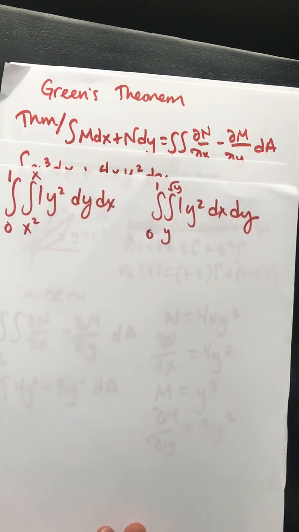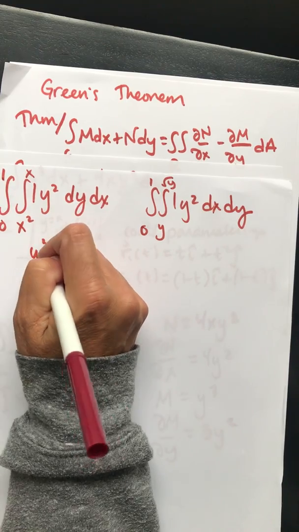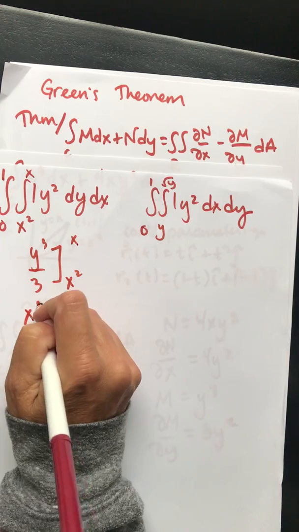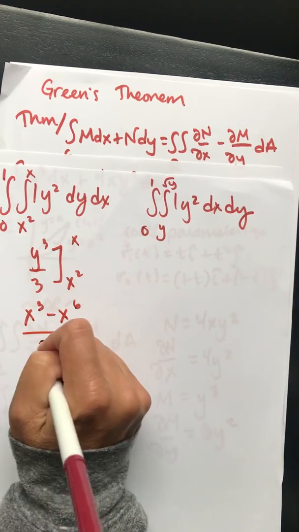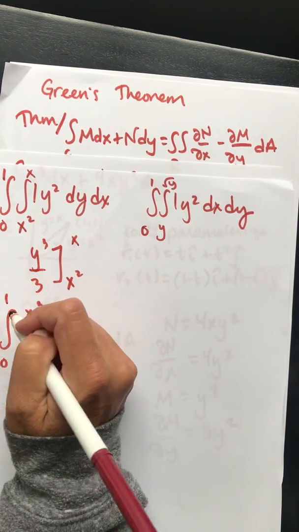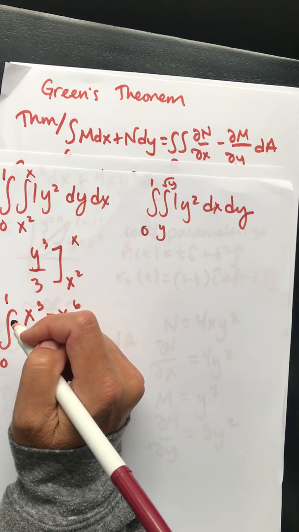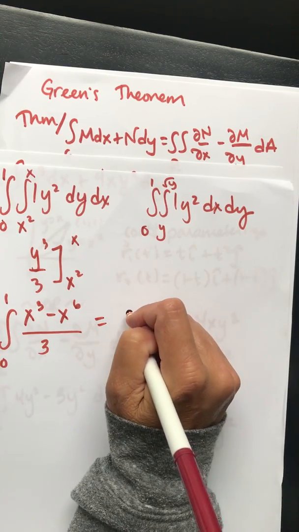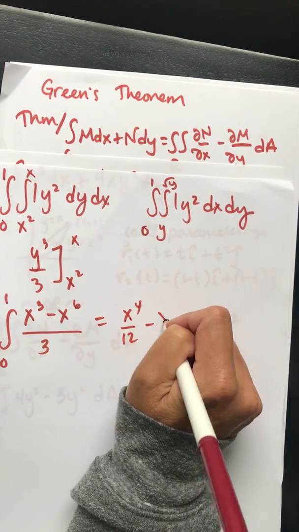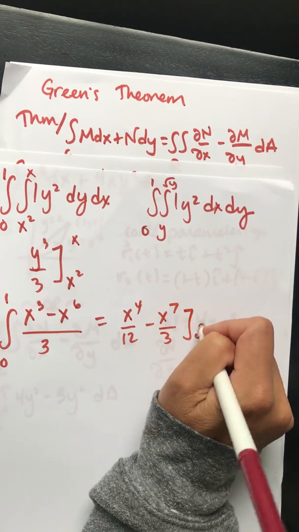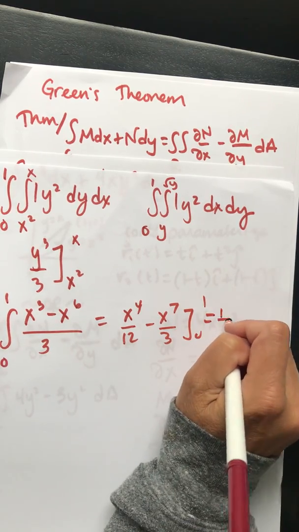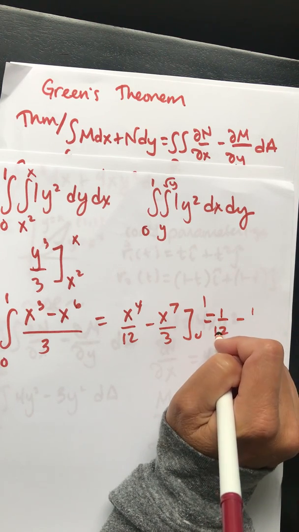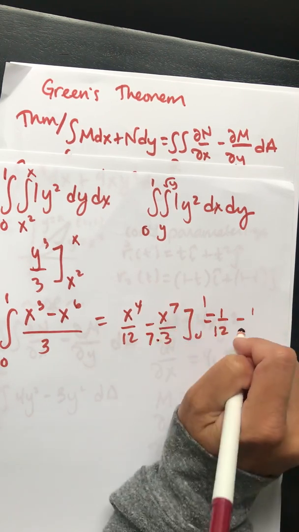So I get y cubed over 3 evaluated from x squared to x. So I get x cubed minus x to the 6th, all over 3. Now I'm going to take the integral from 0 to 1. And this becomes x to the 4th over 12 minus x to the 7th over 21, which is 1/12 minus 1/21.